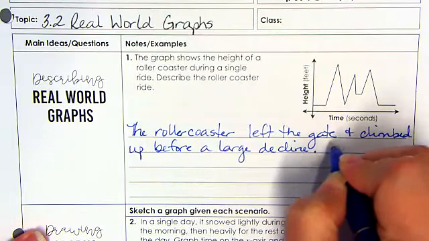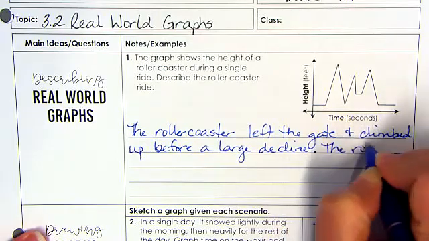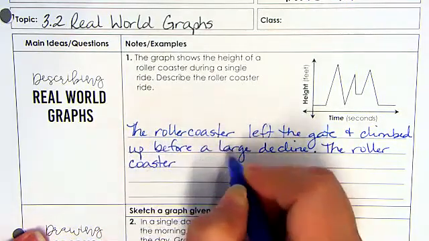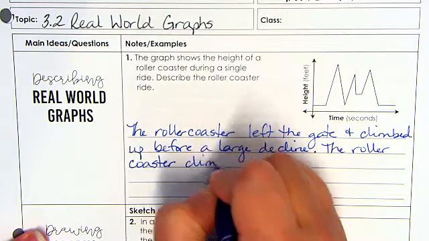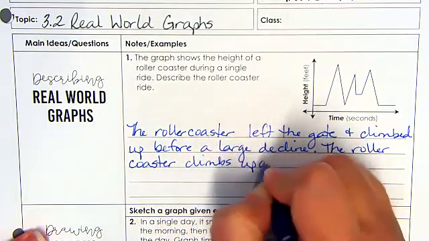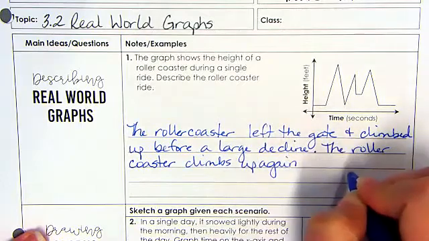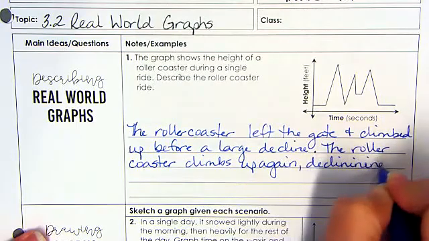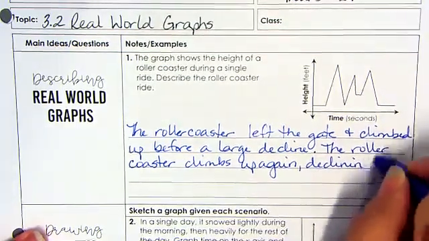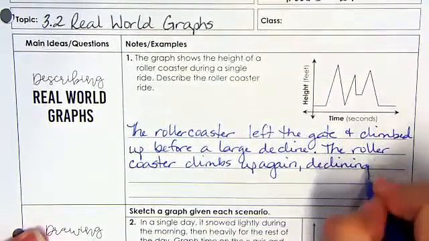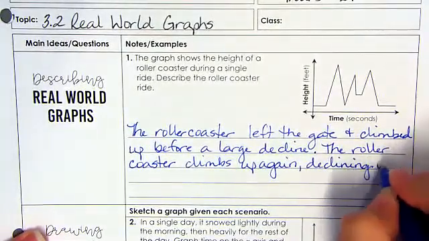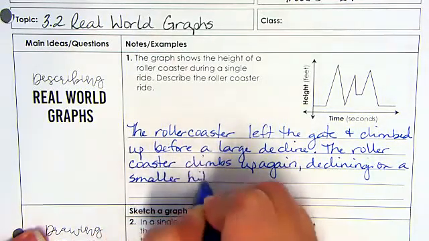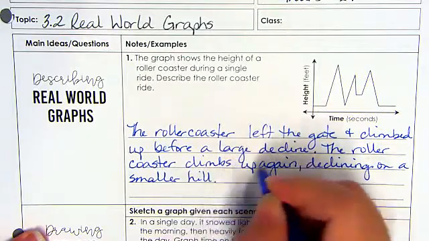The roller coaster climbs up again, declining. That's too many -ings. Declining on a smaller hill.